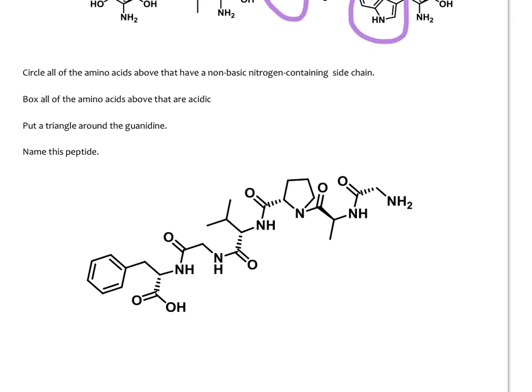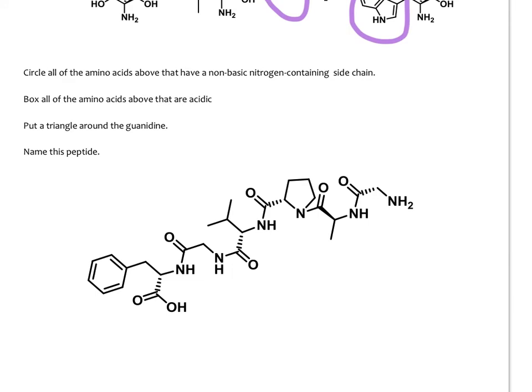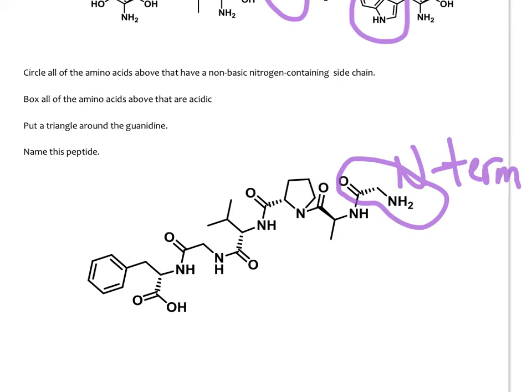All right, name this peptide. All right, so here we have an amino acid residue. This is the N-terminus. N-terminus there. That's glycine. This is alanine.